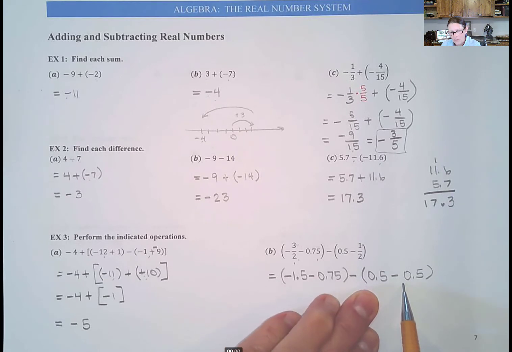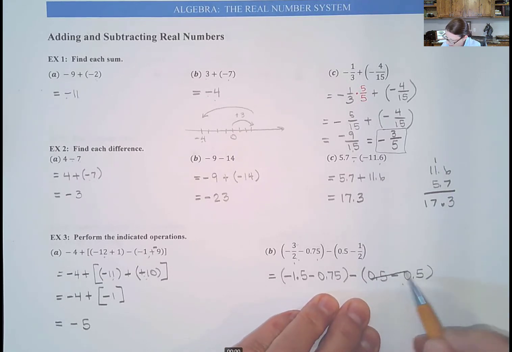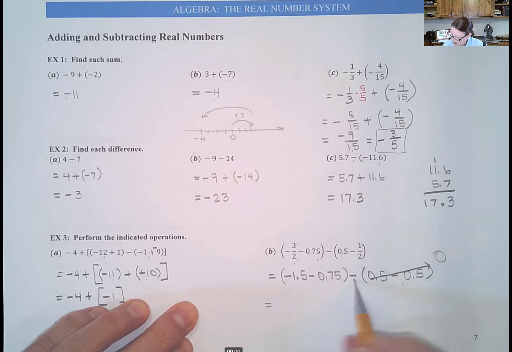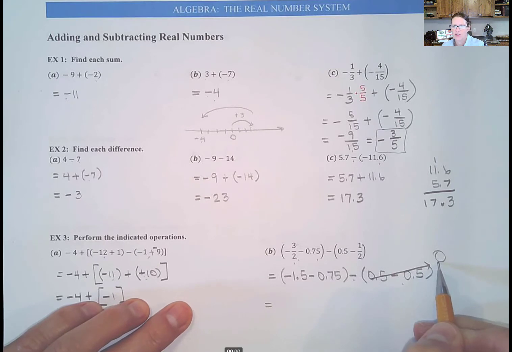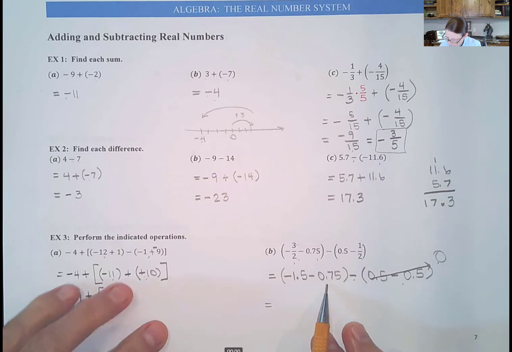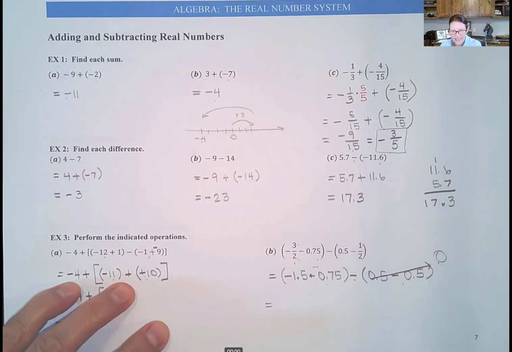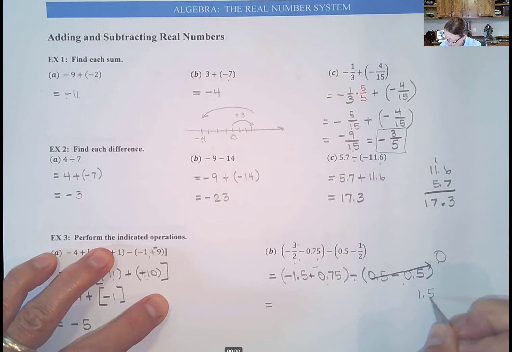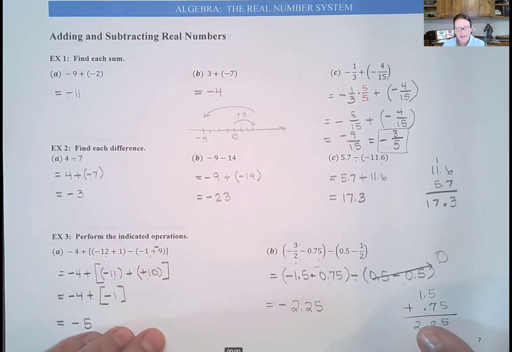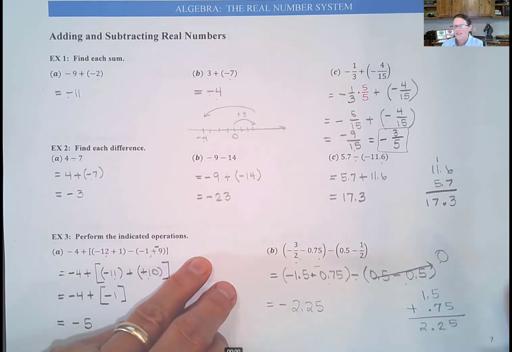So notice in our second parentheses we have 0.5 minus itself, which is just 0. If we subtract 0 from something, we're not changing its value. So our result will come from the first parentheses here. We're combining two negative numbers, so we essentially want to add those together. 1.5 plus 0.75 is 2.25, but notice those are both negative, so let's give it the common negative symbol. Negative 2.25.